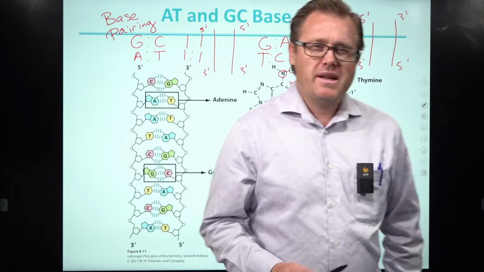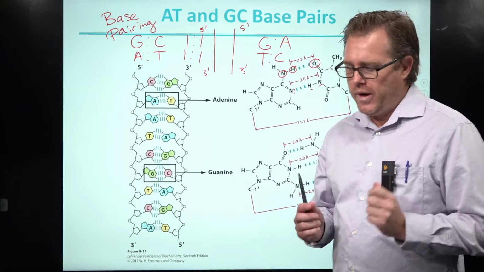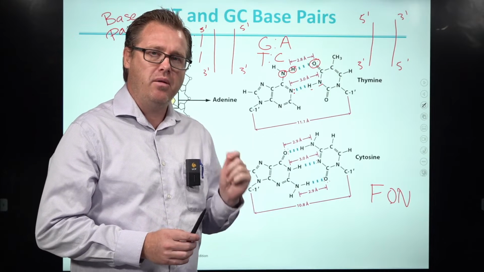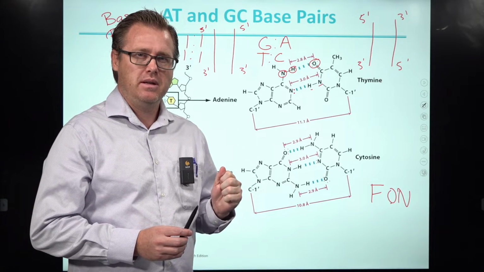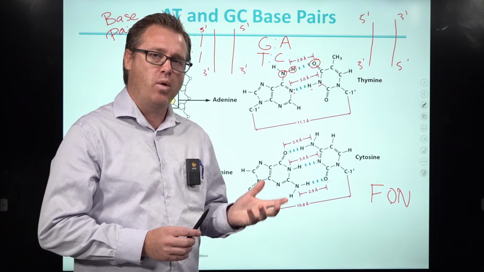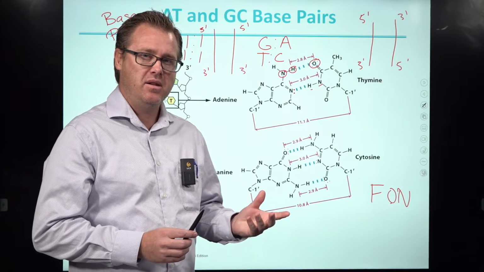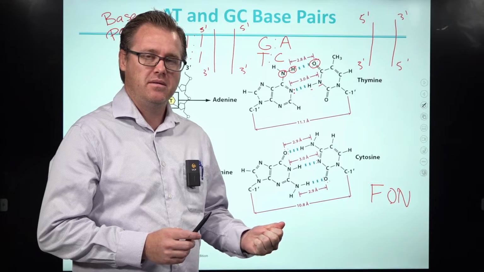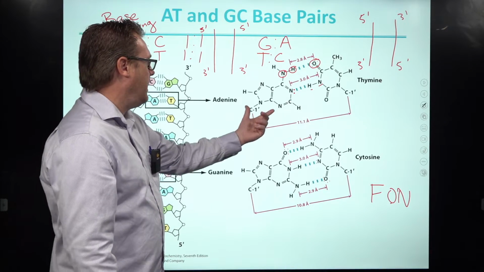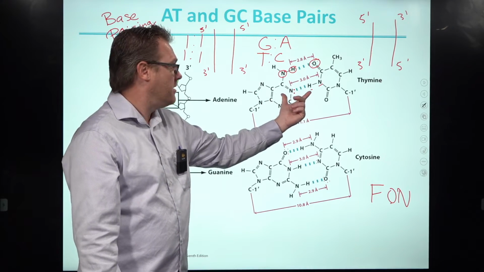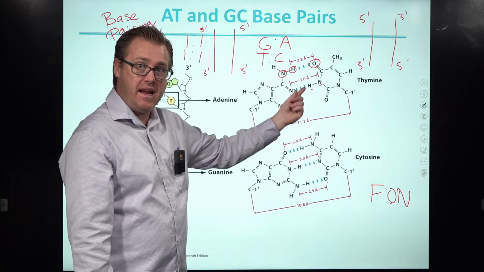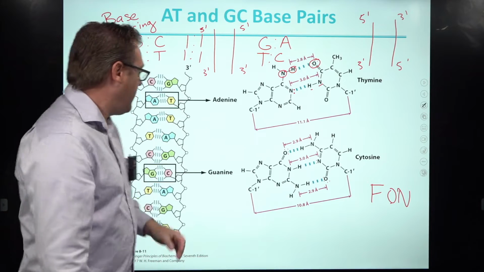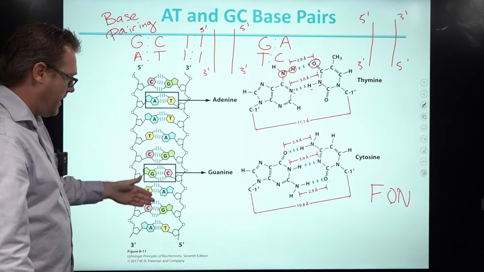So what would you expect? Which type of DNA molecule would have a higher melting point? A DNA molecule with more GC content or more AT content? Well, in the AT content molecule, we have a lot of ATs, but they only have 2 hydrogen bonds.